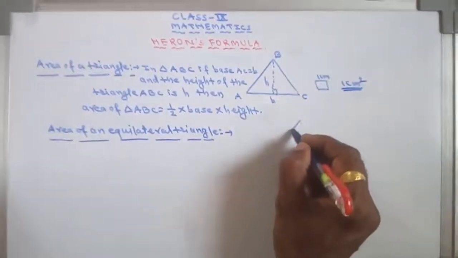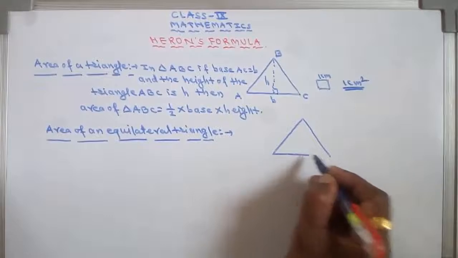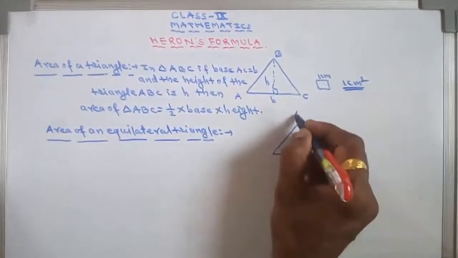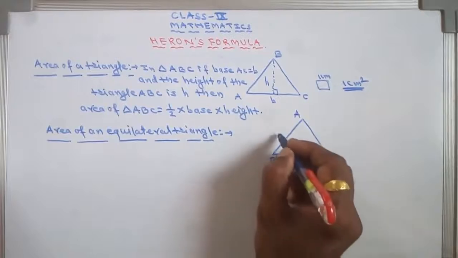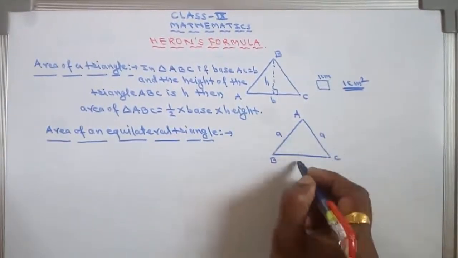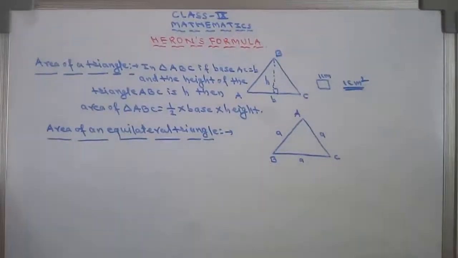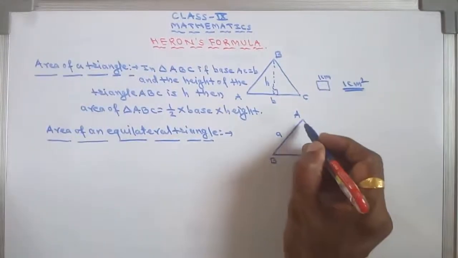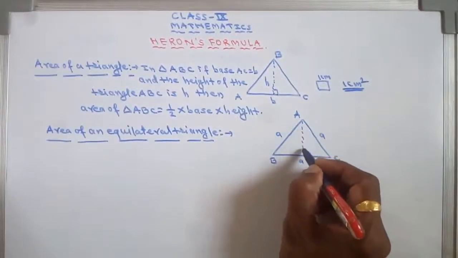Suppose you have a triangle ABC, which is an equilateral triangle. Let each side of this triangle be small a units, each side, because it is an equilateral triangle. Then what is the formula to find the area of this triangle? For that, students, you draw the perpendicular here.